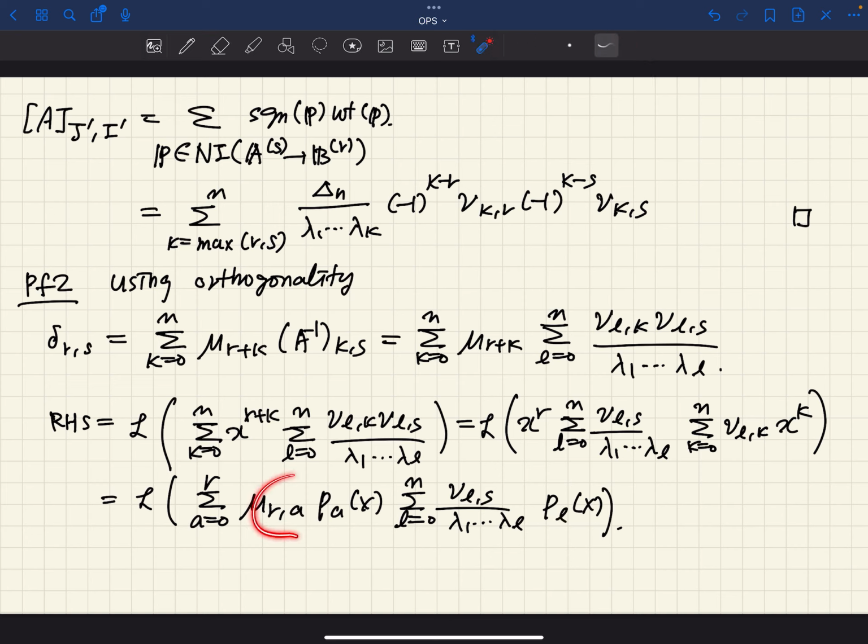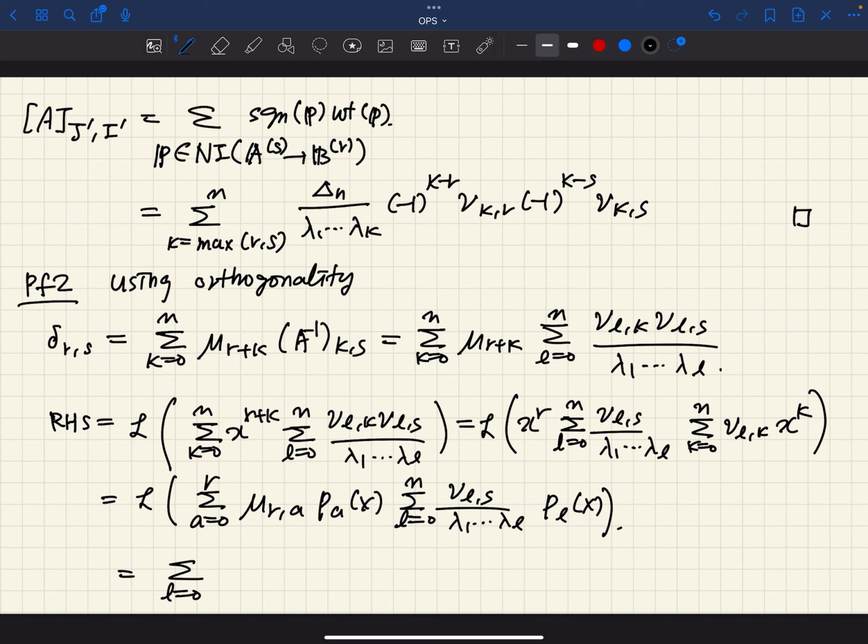Now, these are all constants. We have two orthogonal polynomials multiplied. So because of the orthogonality, A and L must be the same, so we only need to look at L. So sum over L. And also, because of that, we can forget about the linear functional.